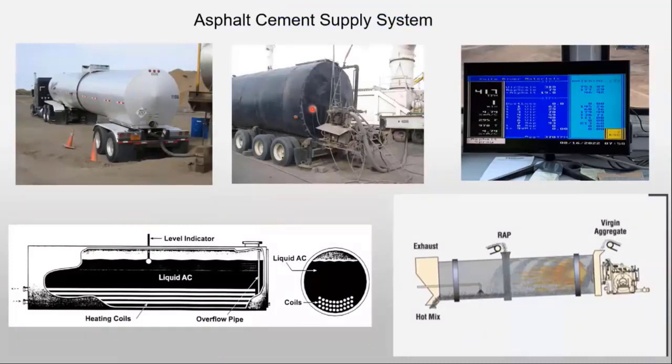So here's the asphalt supply system, and that's quite an interesting thing in itself. Basically all the binder is trucked in by transports here, as we see. Then it's pumped into these heating tanks, and they heat them up to around 300 degrees, somewhere in there.